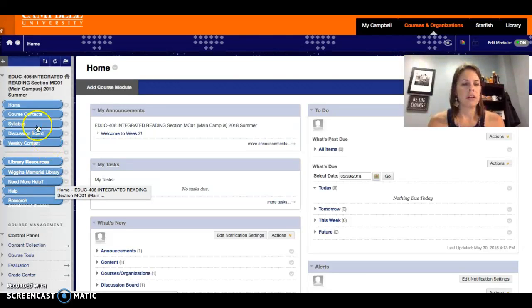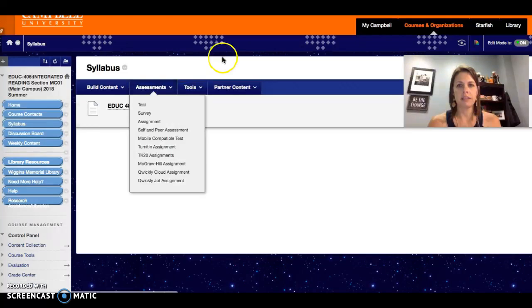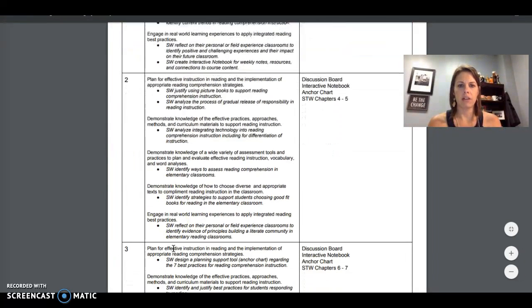Let's take a look at what our learning outcomes are for this week and what your tasks will be through your discussion board and your interactive notebook. When you access the syllabus and go to week 2, you will find our learning outcomes.